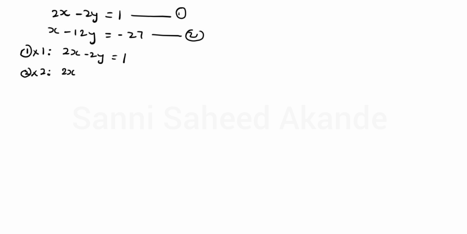Then 2 times minus 12y will give me minus 24y. Then equal to 2 times minus 27, that will be minus 54. So I'm going to subtract these equations from each other. When I subtract, I will have 2x minus 2x, that will be 0. Then I have minus 2y minus 24y.